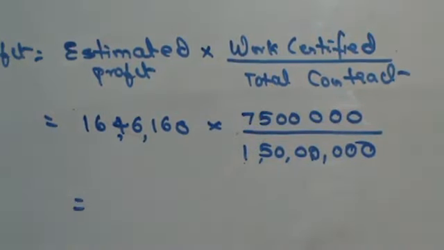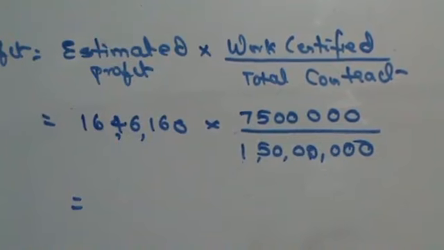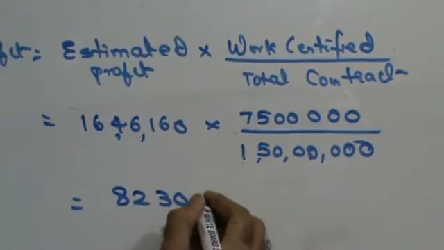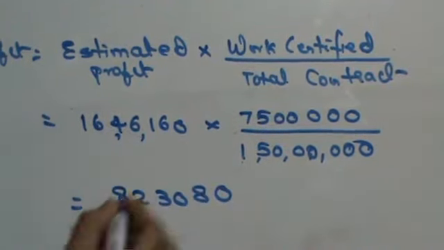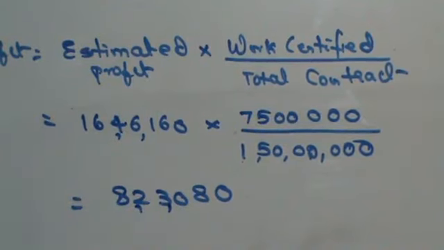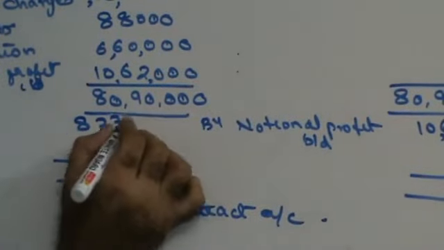Divide first and then do the multiplication. 8,23,080. Right? Do we get this in here? So this is going to be my profit, 8,23,080.